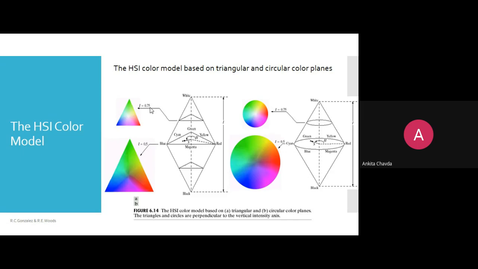As the vertical axis goes high, intensity will be high. Here, if I take any arbitrary point over here, then I need to measure the hue. Whatever angle they make, that is your H. And the distance from this point, that is your white color, from this to this point, that is your saturation.